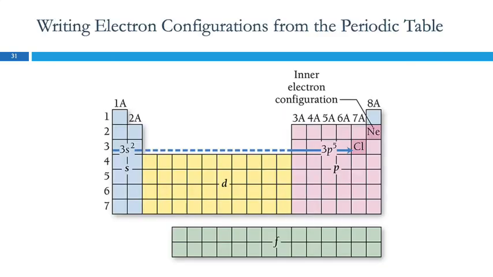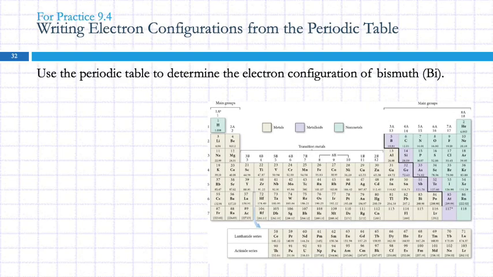Now we can look at this other one. So bismuth. We're going to find it on the periodic table, which can be a challenge in and of itself. There it is right there. So what's the previous noble gas? Xenon, right? Right here.